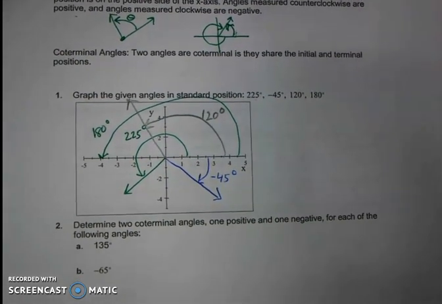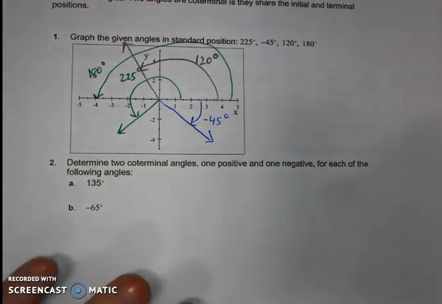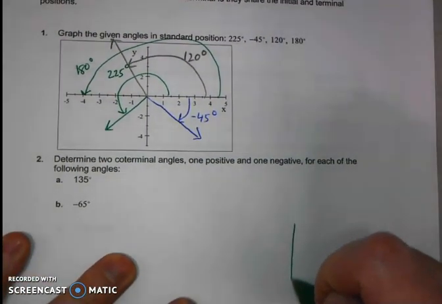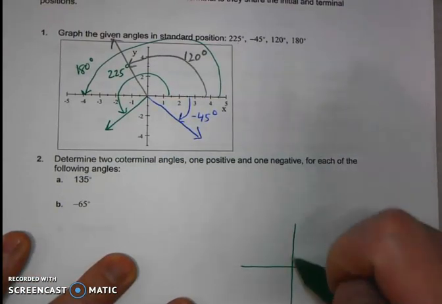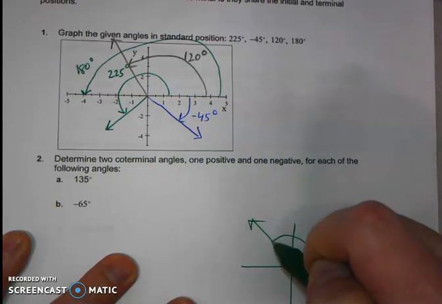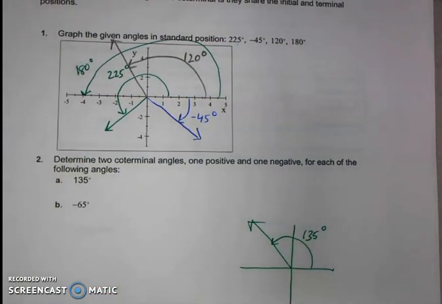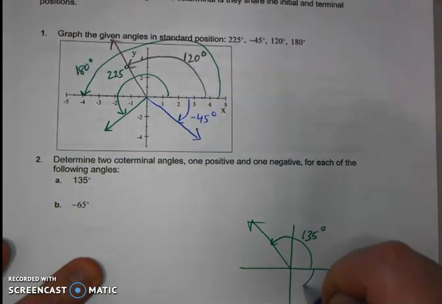Okay, determine two coterminal angles, one positive and one negative. So think of what we have here. We have 135 degrees. That looks something like this. A coterminal angle that would be negative would be this one.